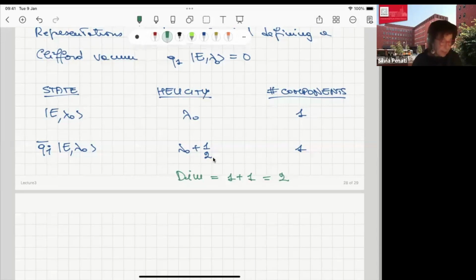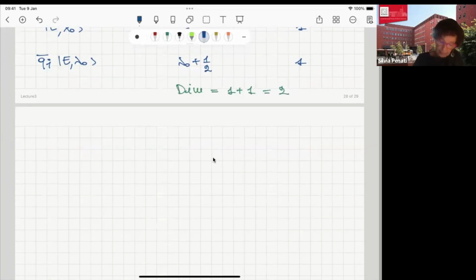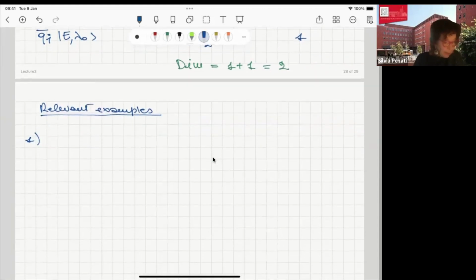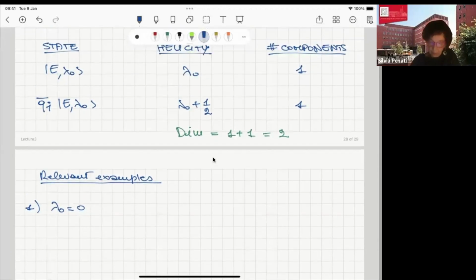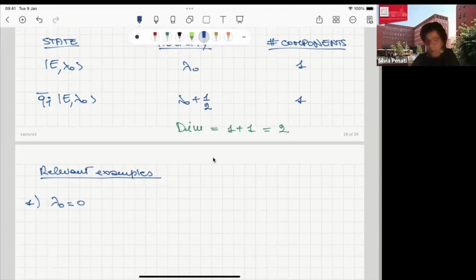Even in this case, I can give you some relevant examples. The first example is the case where lambda 0 is equal to 0. Okay, so in this case, let's go quick. Let's forget about the state.